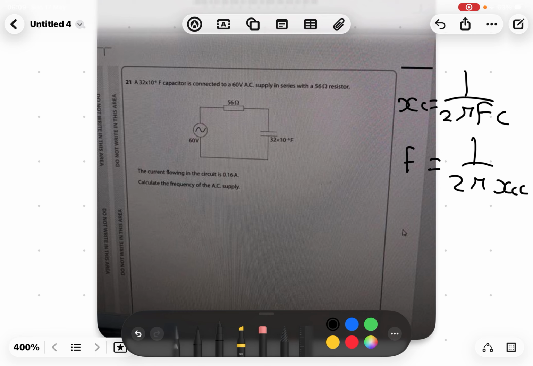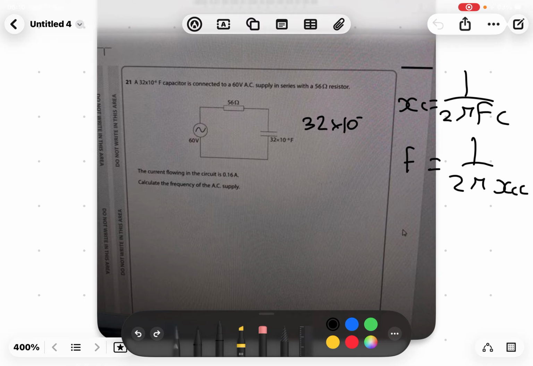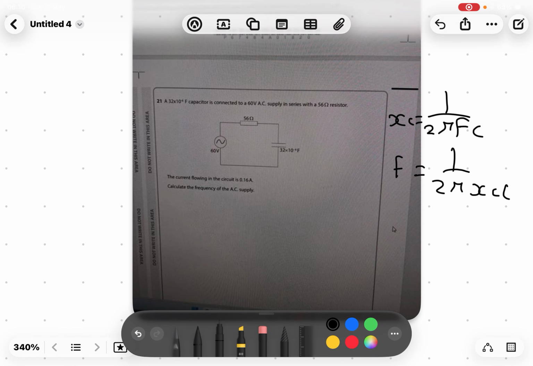Let's just list what we have. The voltage is 60. We have the resistance, which is 56.